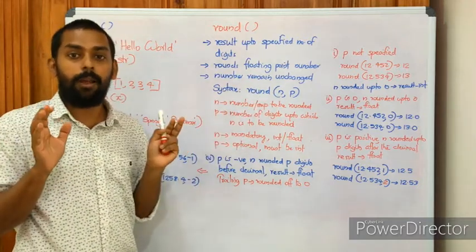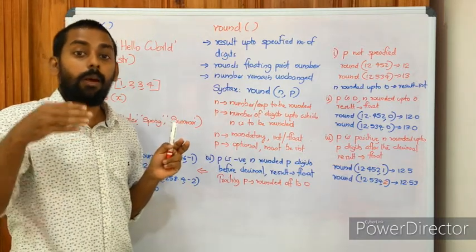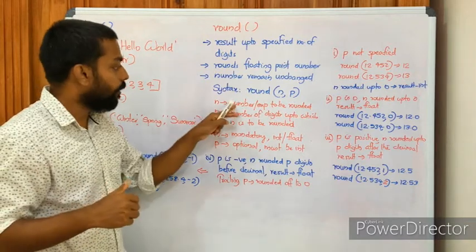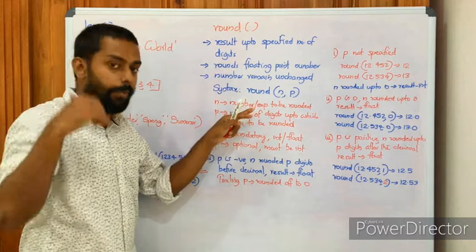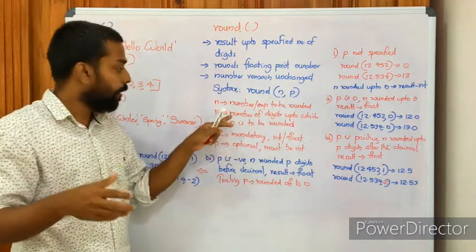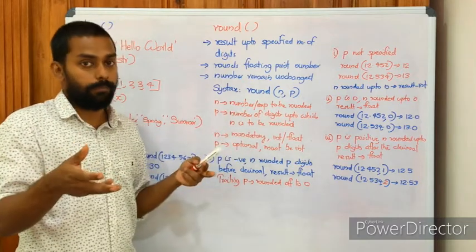What is n? The number to be rounded, or it can be an expression, and p is the number of digits up to which n is to be rounded.